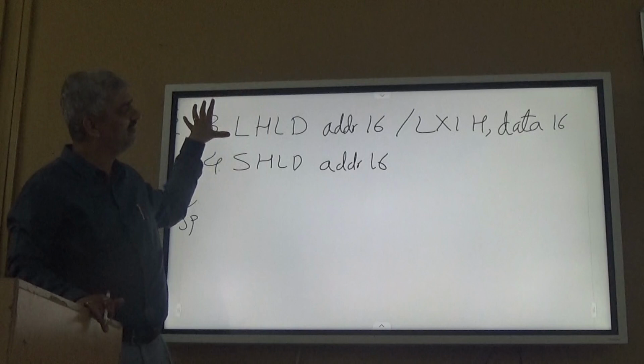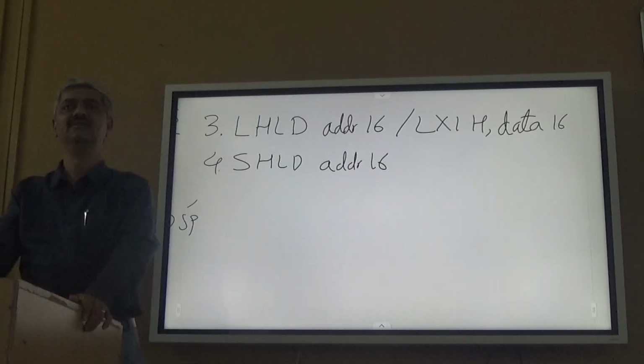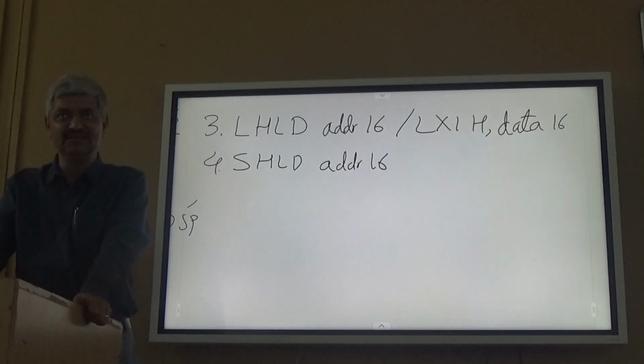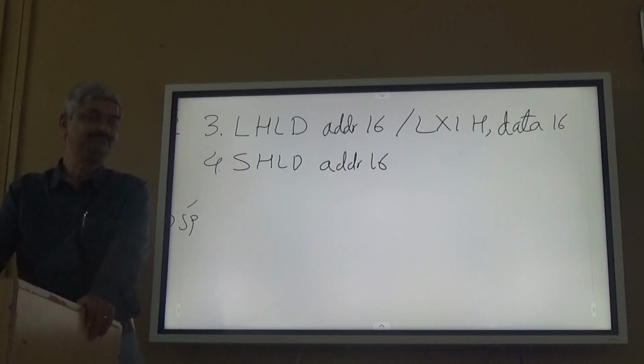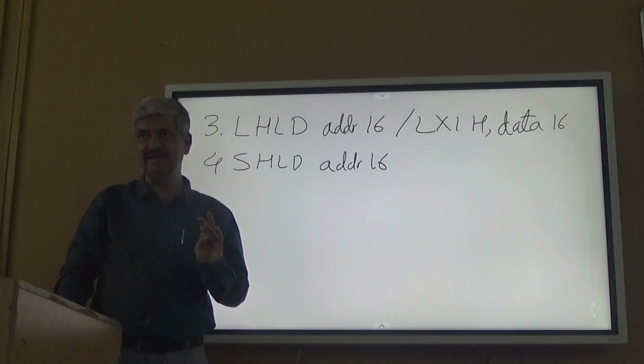This is a very typical one, and normally around 40% of people used to jumble. In 2022, such jumbling is not affordable. So these: DAD, LXI, LHLD, SHLD.